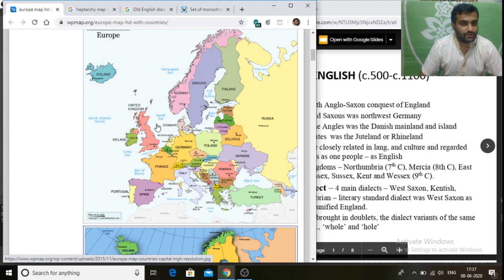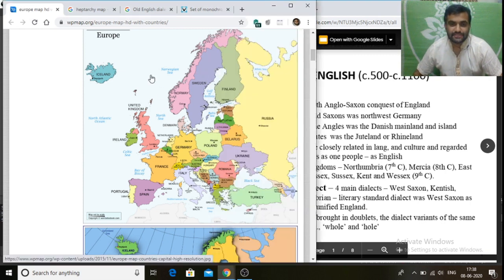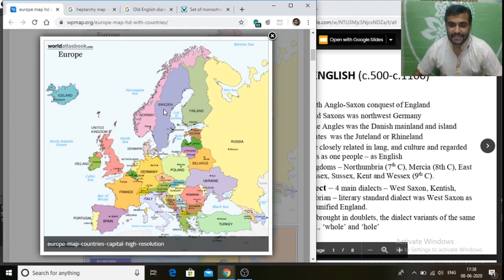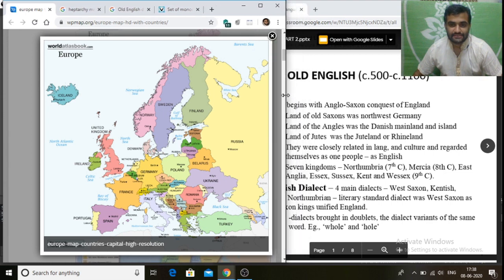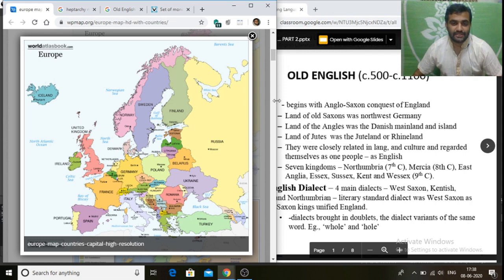Now, after the Romans left, after about 410 AD, and maybe about 30 years after that, sometime around 450 AD, three tribes, the Angles, the Saxons, and the Jutes, invaded England.